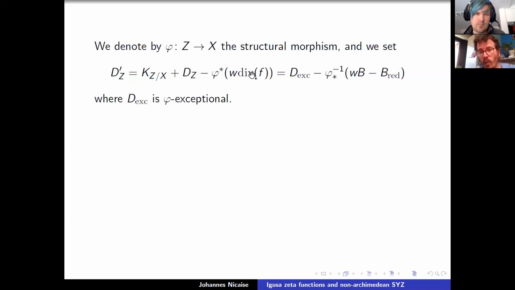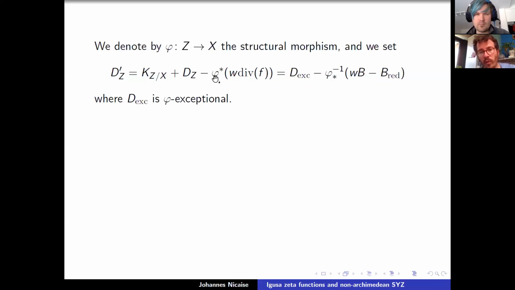So for the components that belong to A, the way they appear in D_Z is exactly as the pullback of W times the way they appear in the divisor of F. So the components from A all cancel out in this difference.